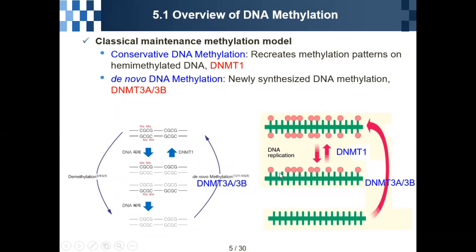This is the hemi-methylated DNA, and DNMT1 recreates the methylation pattern on the hemi-methylated DNA. Another mechanism is de novo DNA methylation, so they make newly synthesized DNA methylation on both strands.